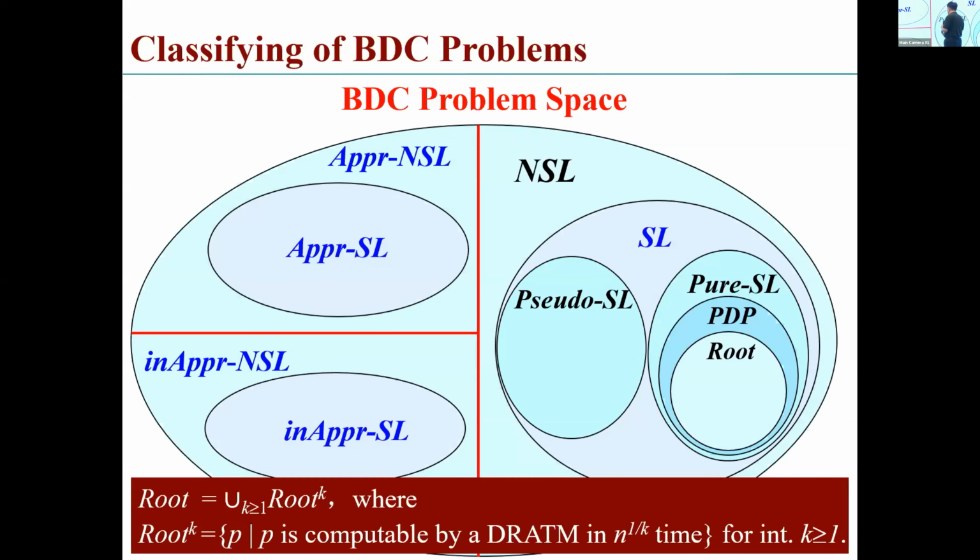Root_k includes all the P that are computable by a DRATM in n to the power 1/k for integer k greater than or equal to 1.